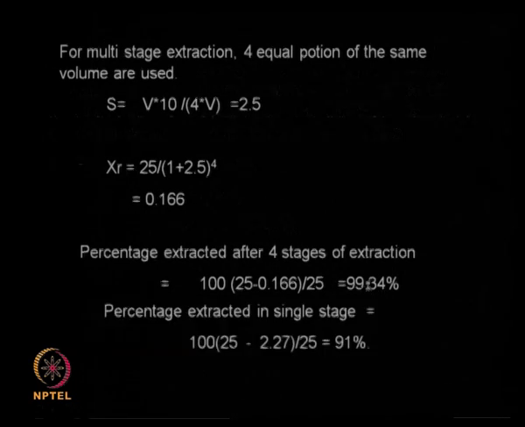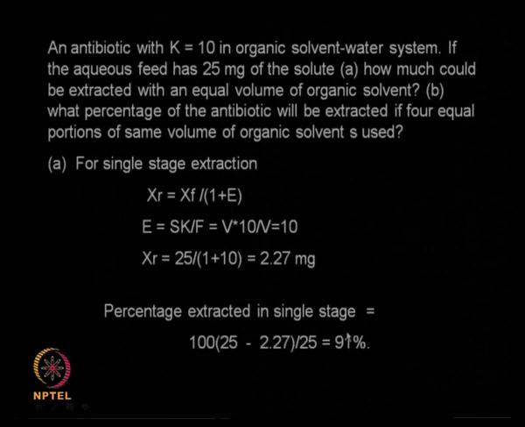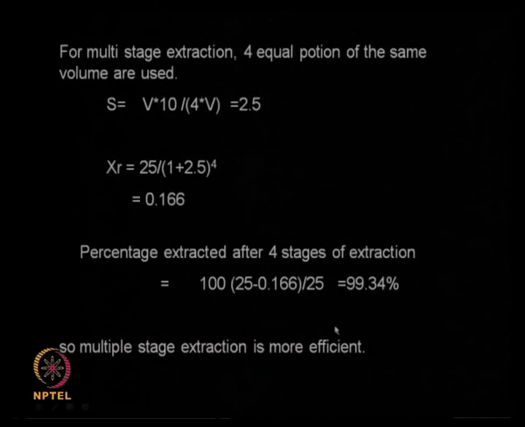You see in the previous case when you put all the solvent into one stage you are able to extract 91%, but when you divide it into 4 equal parts and do the extraction in 4 distinct stages you are able to recover 99.3% of the protein. That means a multiple stage extraction is always efficient, even if you are using less solvent. So that is the main takeaway from these two problems.